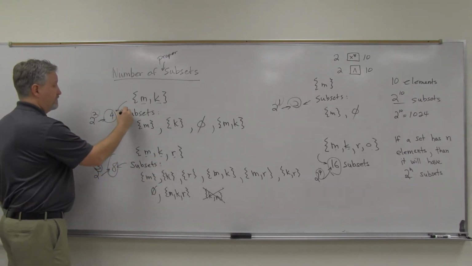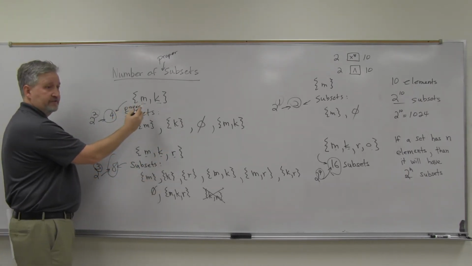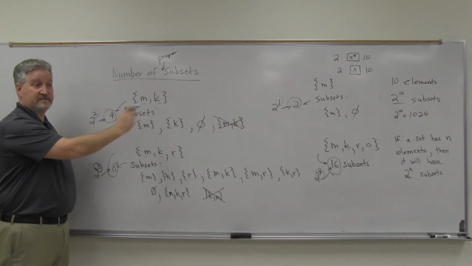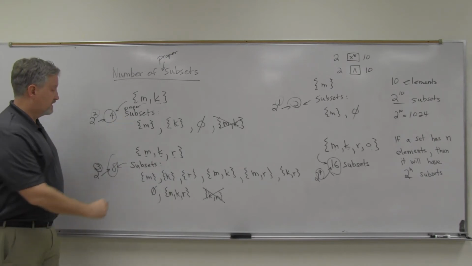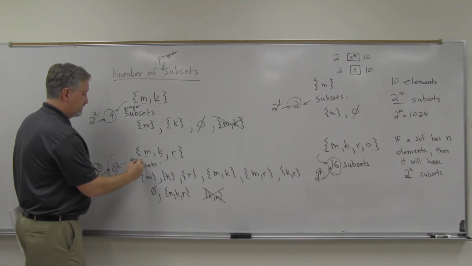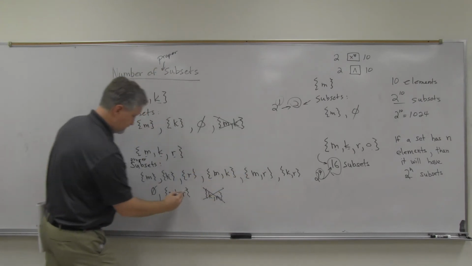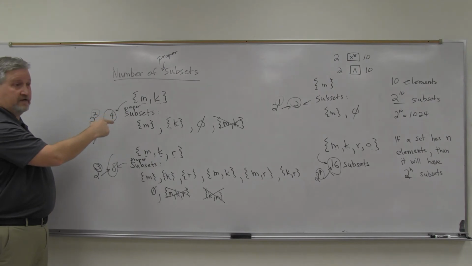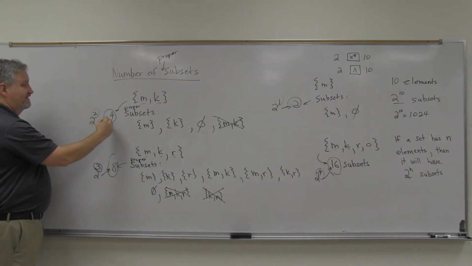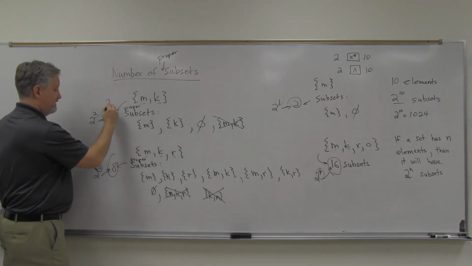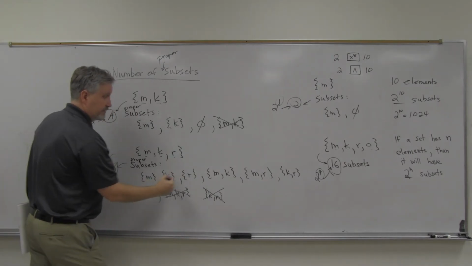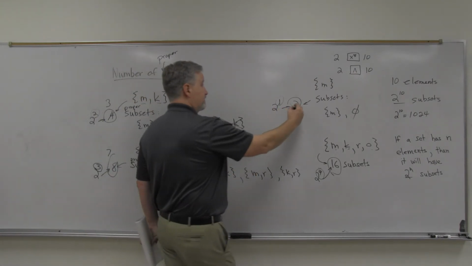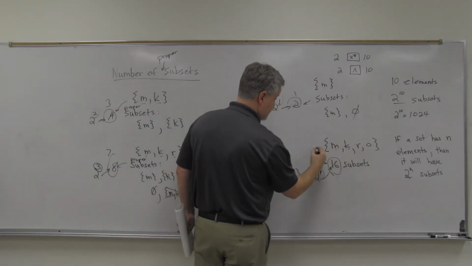So if I'm doing the proper subsets here, that eliminates this one, the MKR. Well, the proper subsets just have 3. The proper subsets here would be 7. The proper subsets here would just be 1. And the proper subsets here would be 15.